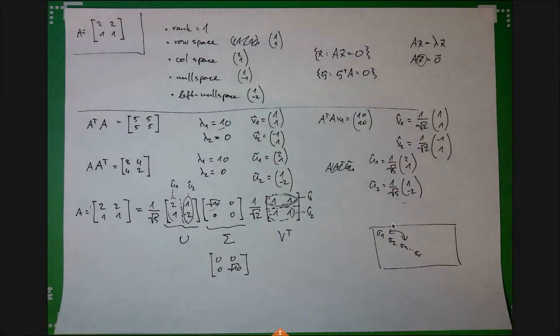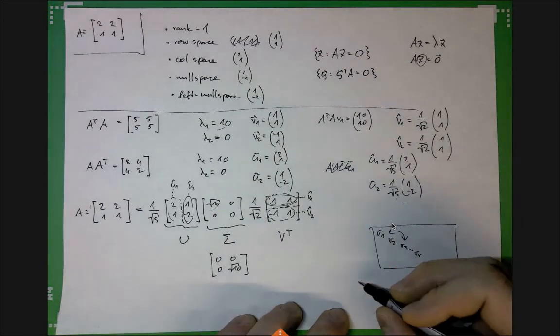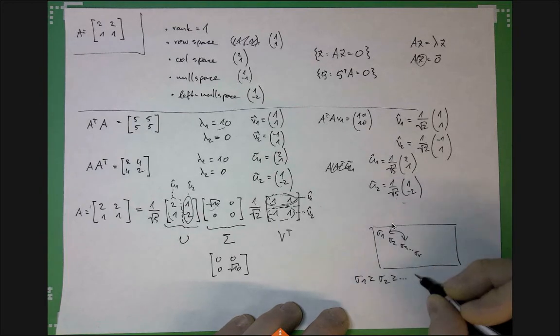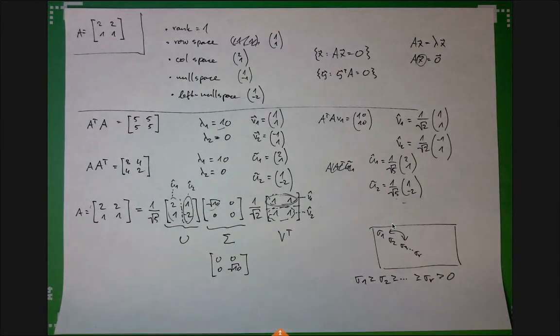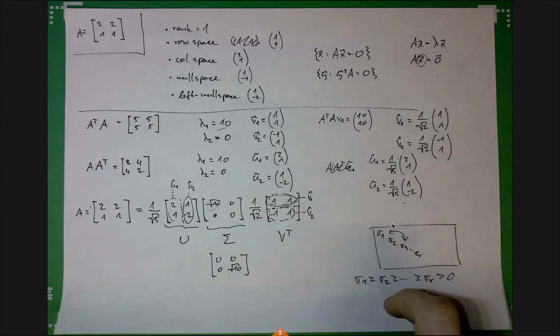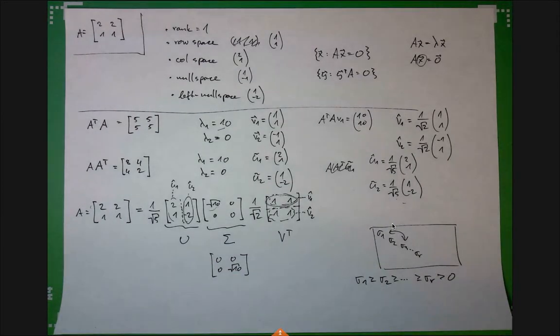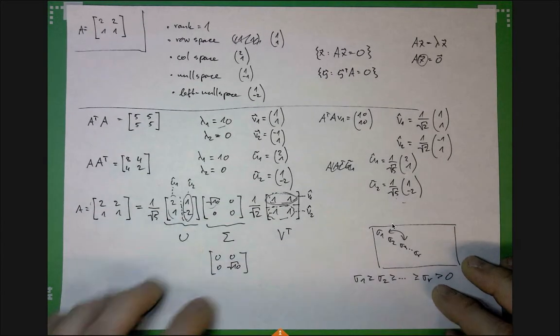That's why there exists the convention, which I was always saying before, that we order the singular values like this, basically in non-increasing order. They can also be the same. That signifies some funny things if the singular values are the same. And usually you have a bunch of zeros at the end, unless it's full rank.